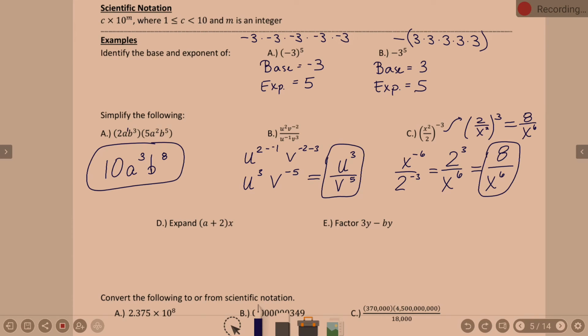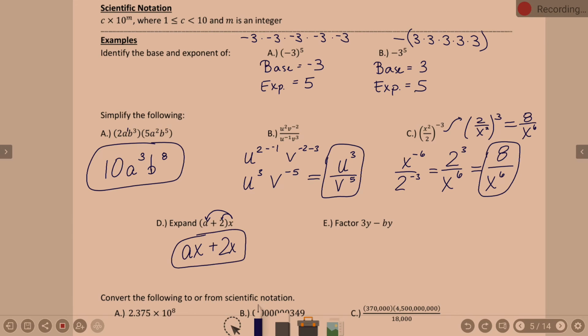D, how do I expand that? Okay, that x is hanging out back, and we're going to distribute it. So x times a, I'm actually going to think of it as a times x, ax, plus x times 2, 2x.